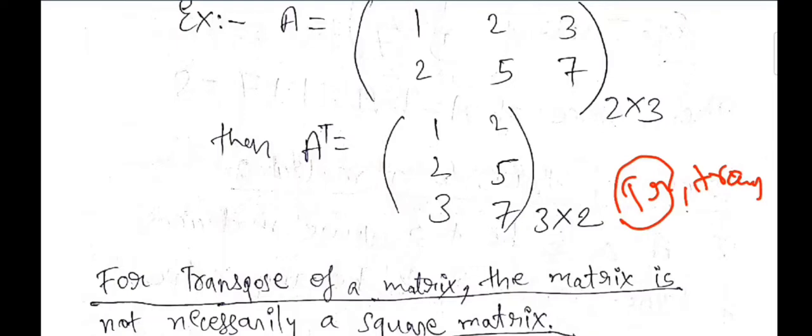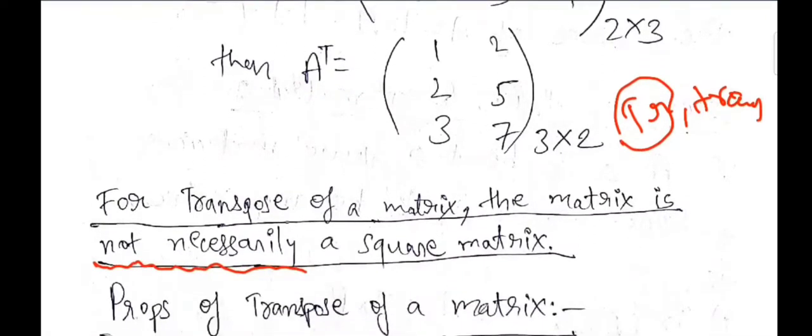Transpose has no conditions whatsoever with regard to it being a square matrix. Transpose has no restriction, but trace will be defined only for a square matrix. You have to remember this thing very well. For the transpose of a matrix, the matrix is not necessarily a square matrix.